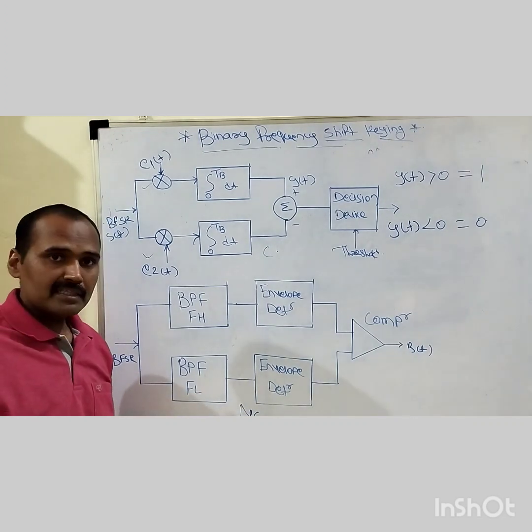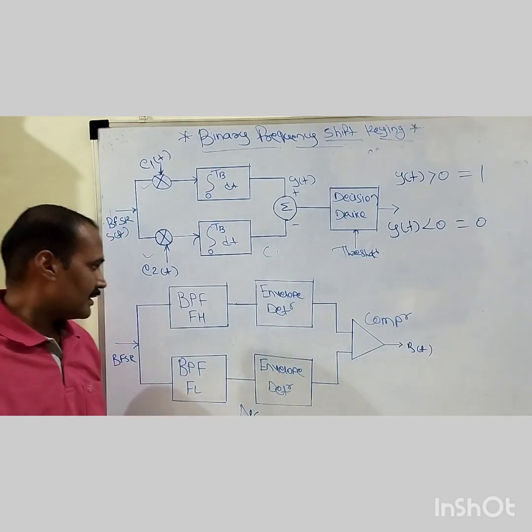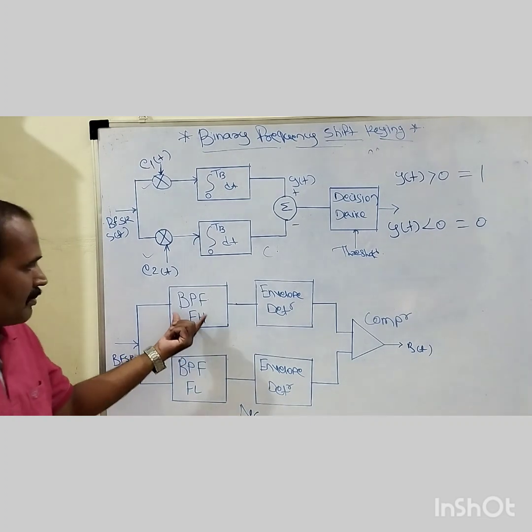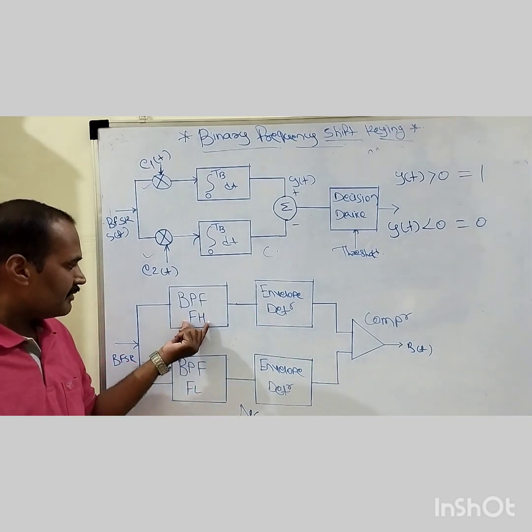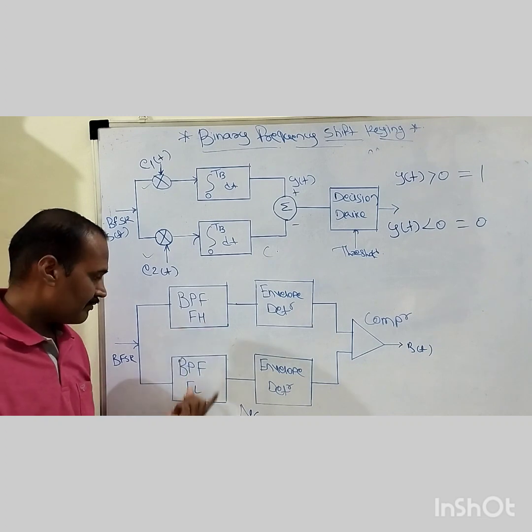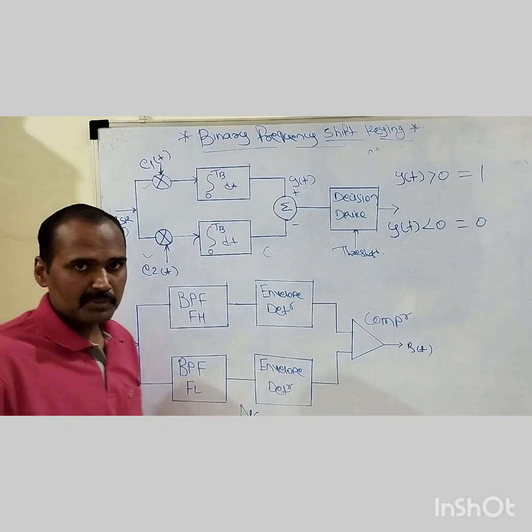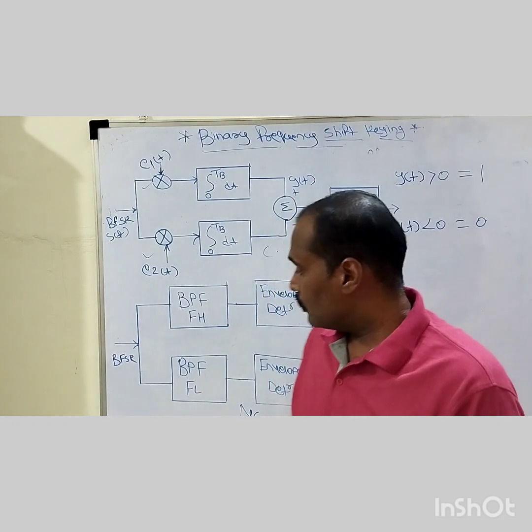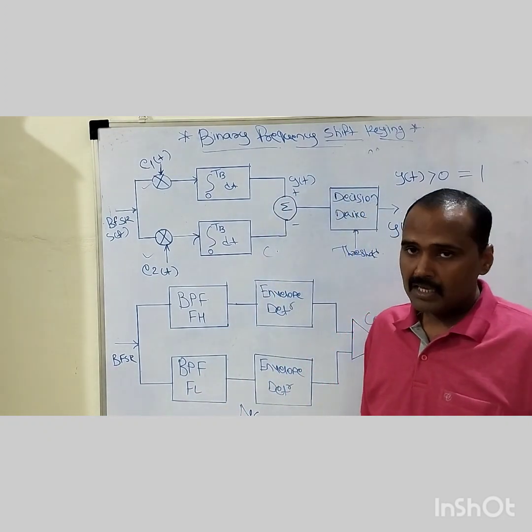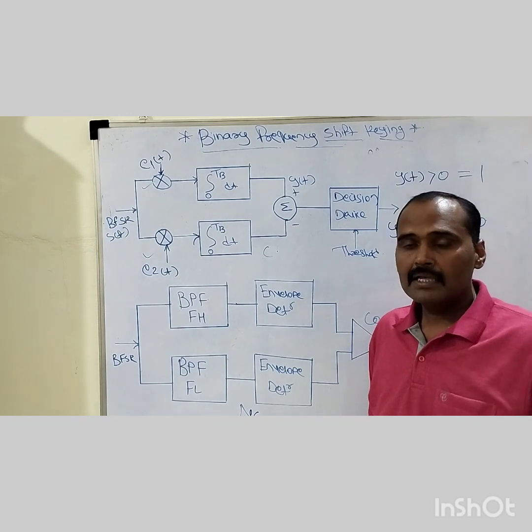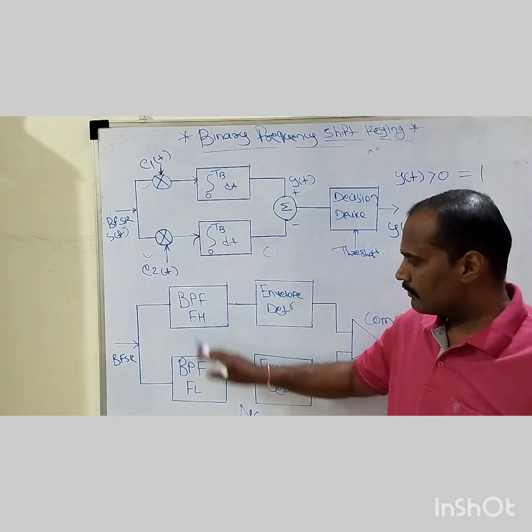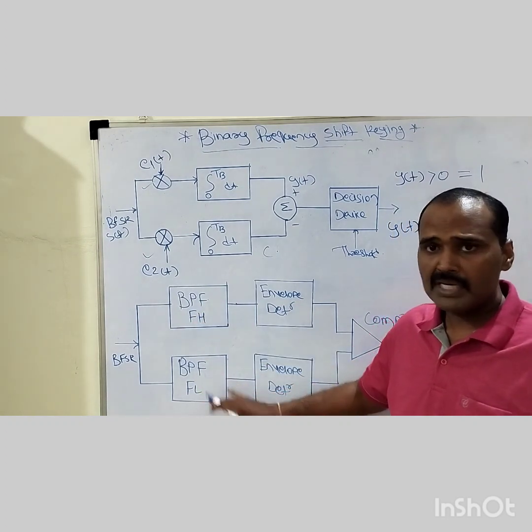Now the lower one is nothing but the non-coherent detector, which consists of a pair of band pass filters as well as envelope detectors, right? The upper band pass filter is tuned to the higher frequency and the lower band pass filter is tuned to the lower frequency belonging to binary 0. Both band pass filters pass the major lobe of the high and low frequency with minimum distortion.